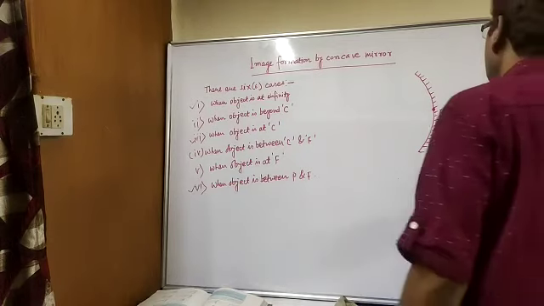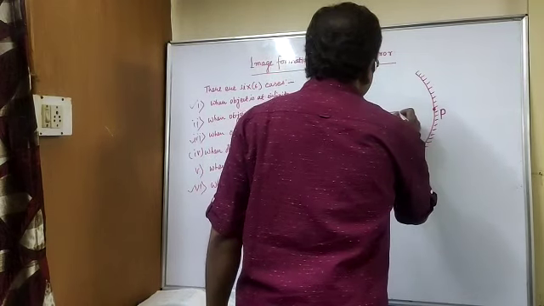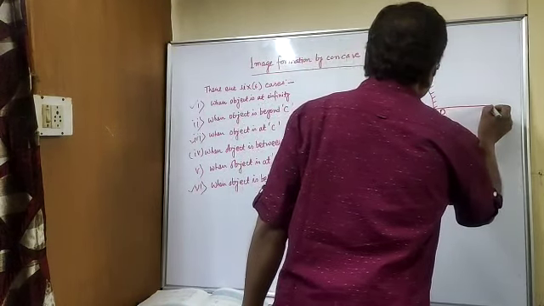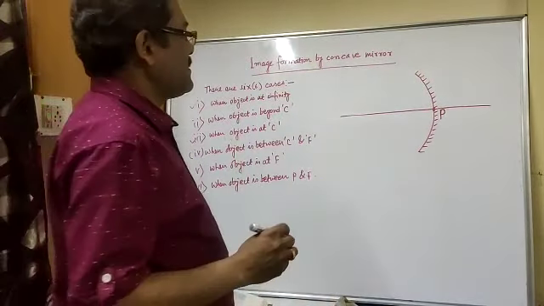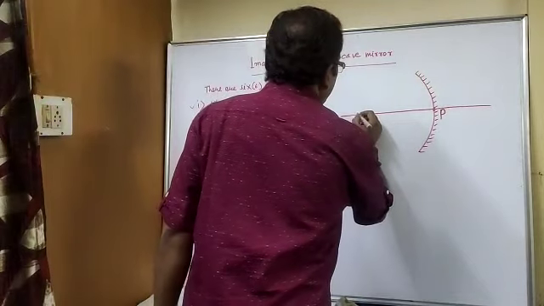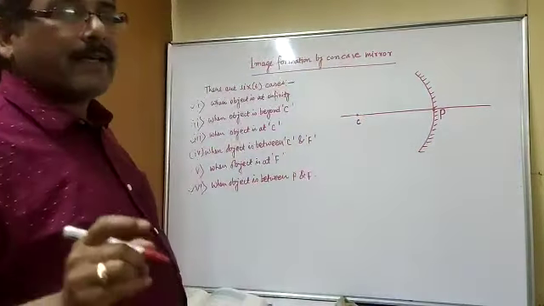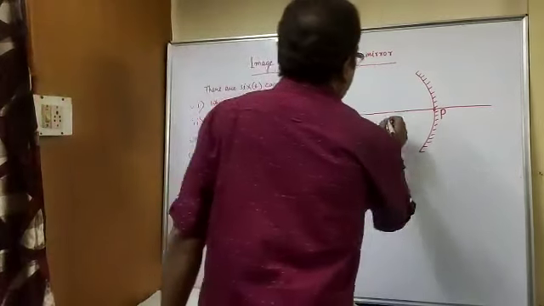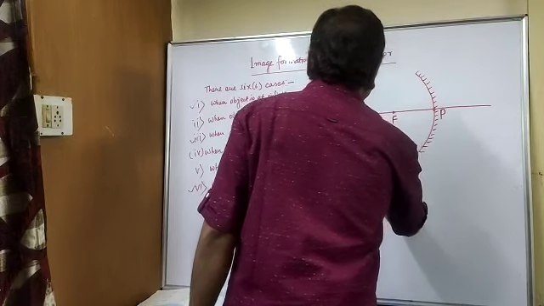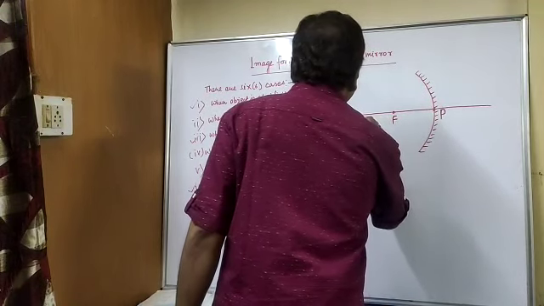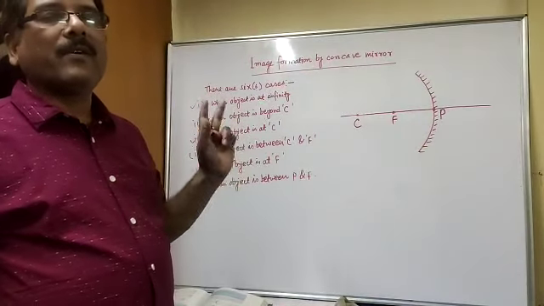Then through the pole you have to draw a horizontal straight line, and this line is known as the principal axis. Now mark a point C and then a point F exactly between P and C. So this much drawing is common for all the cases.